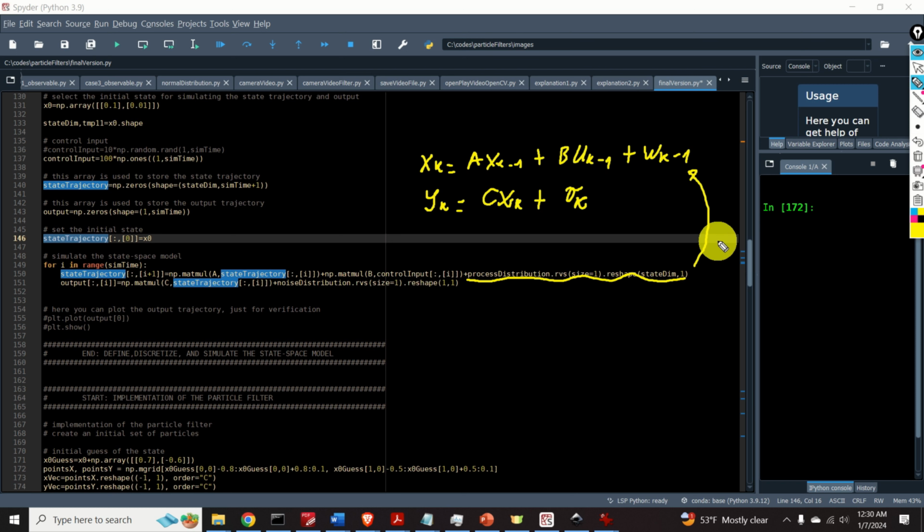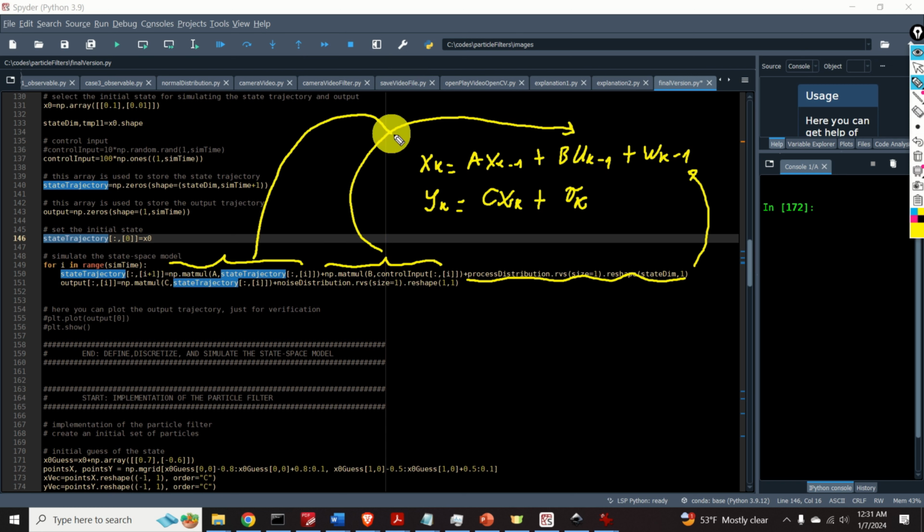This part in the code is the multiplication of B times uk. This part is A times xk minus 1. Over here, we sample the vector vk.